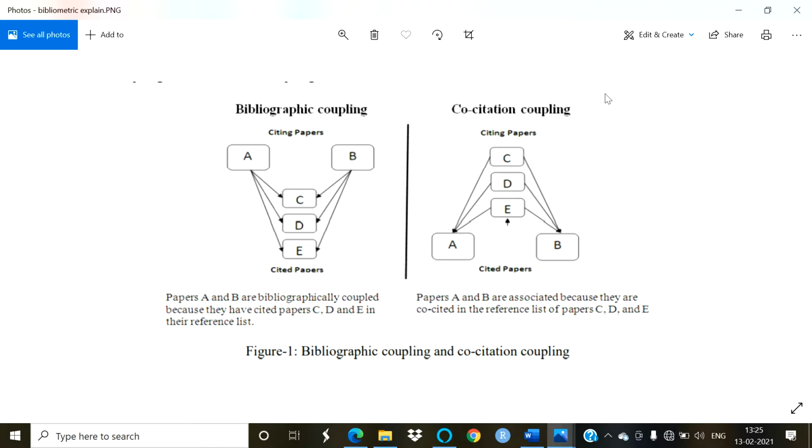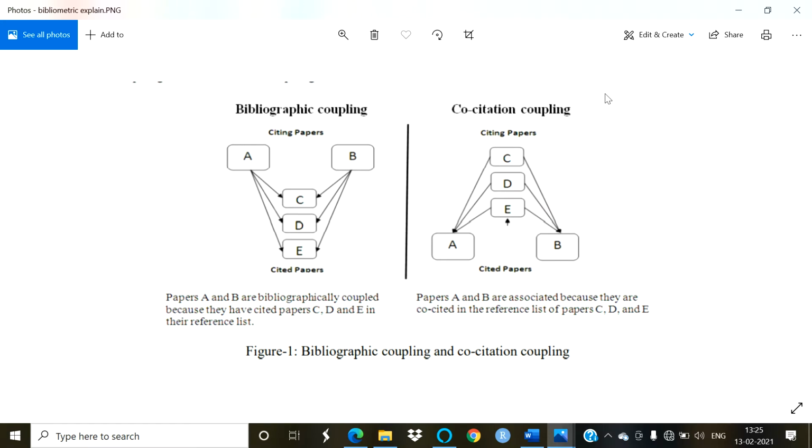Suppose Mr. C or document C is right now preparing or has already prepared a paper, and document C uses the references of documents A and B simultaneously in a single paper to explain a particular concept. Suppose I have used Kessler's citation and Small's citation to explain bibliometric coupling and co-citation coupling in the same document which I am going to write.